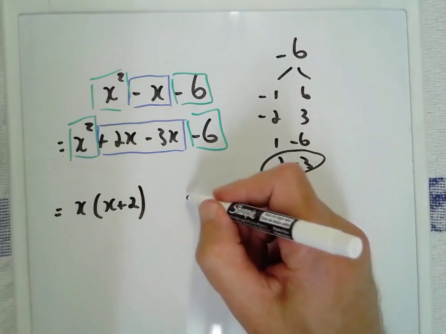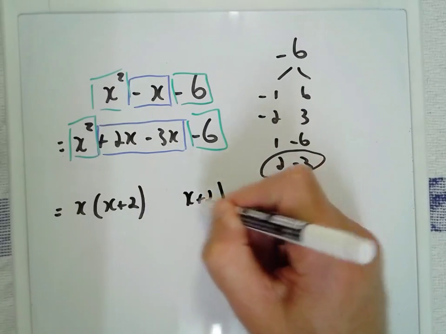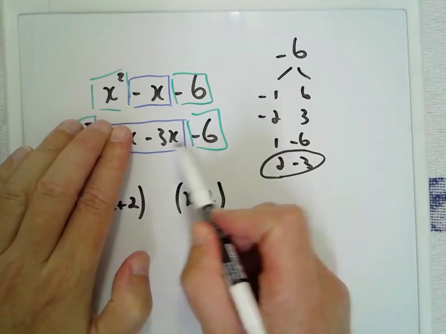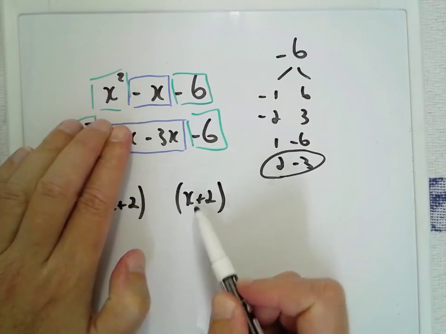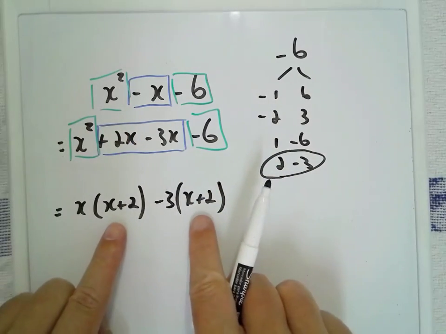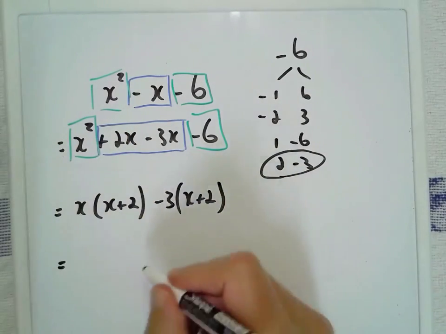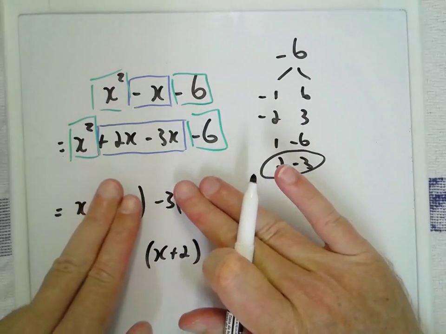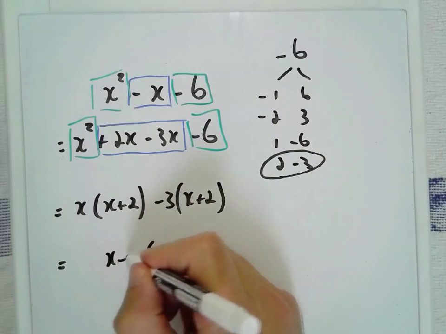That bracket has to be the second bracket, doesn't it? What needs to come out of these two terms to leave that? Well, I've got to get the negative 3 out, don't I? And then I've got the two brackets that are the same. So the x plus 2 stays there, and left over there is the x minus 3.